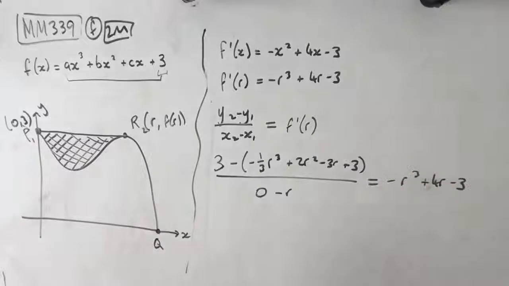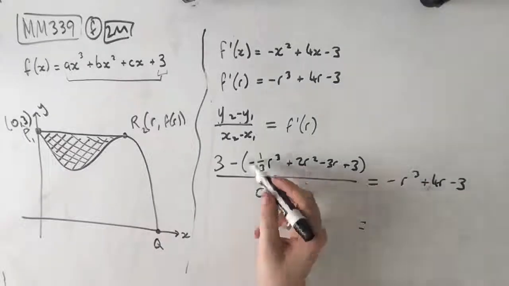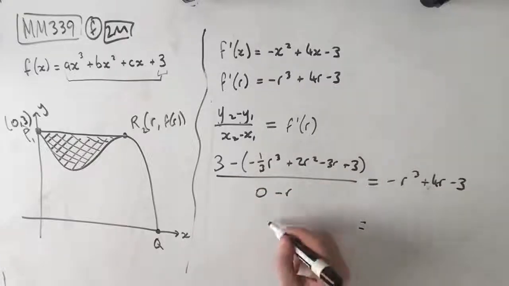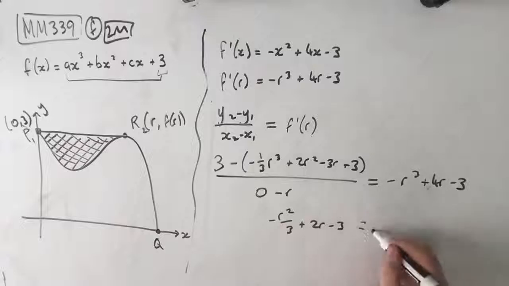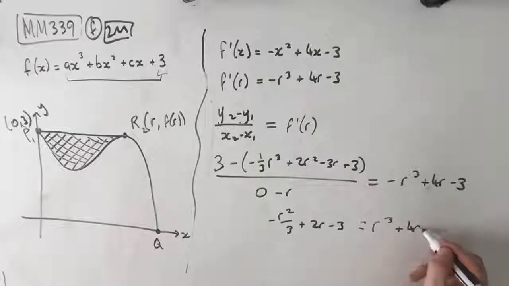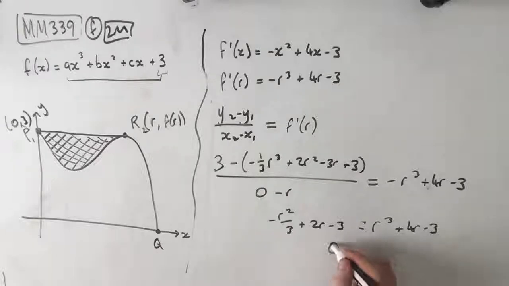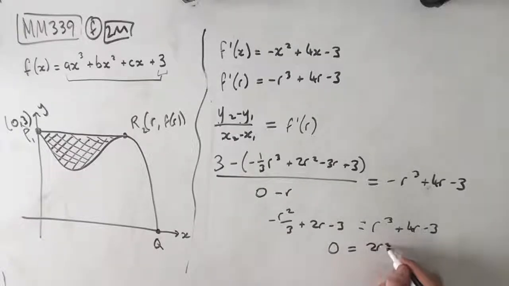Awesome. Now we can rearrange all of this, and this whole thing here becomes negative r squared over 3 plus 2r take 3. That's equal to negative r squared plus 4r take 3. Awesome. Now rearranging all this becomes 0 equals 2r squared over 3 minus 2r.